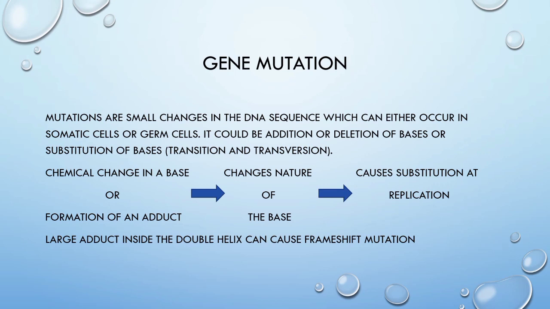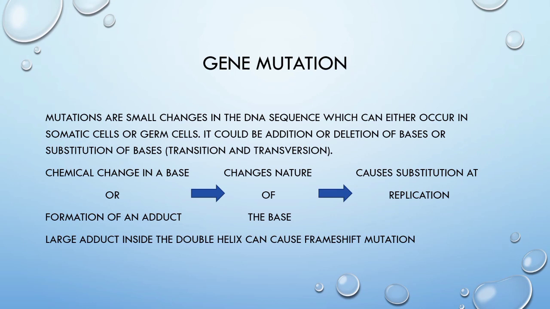Now when there's a chemical change in the nature of a base or the formation of an adduct, probably as a result of oxidative deamination, this can change the nature of the base. And when it changes the nature of the base, during replication there could be a substitution. There could be a change as the body system tries to repair that difference, or because the base has an affinity for another nitrogenous base.